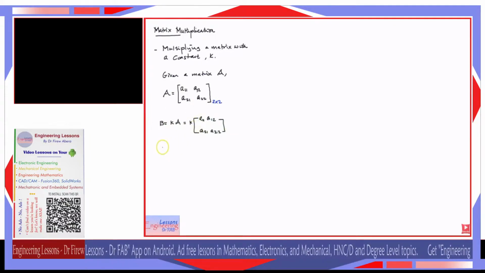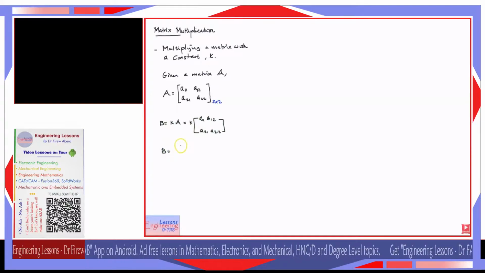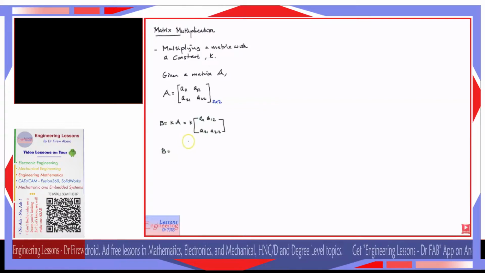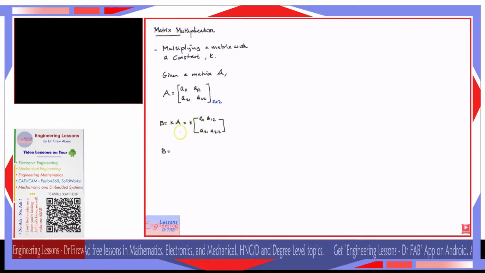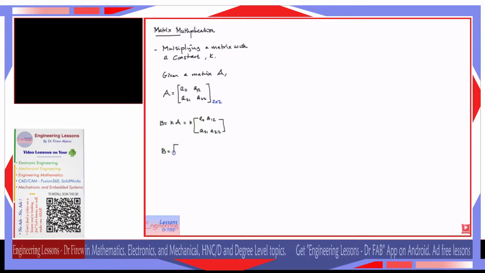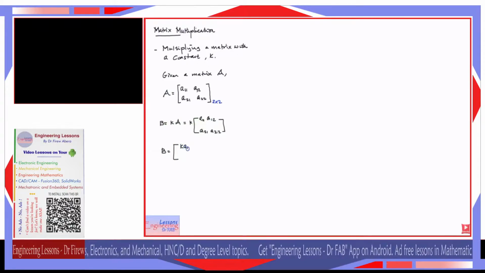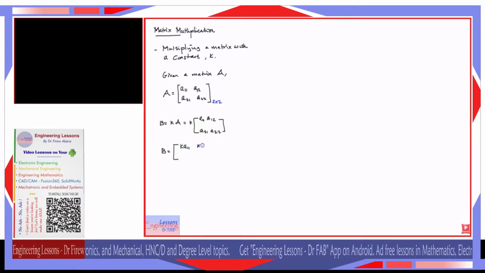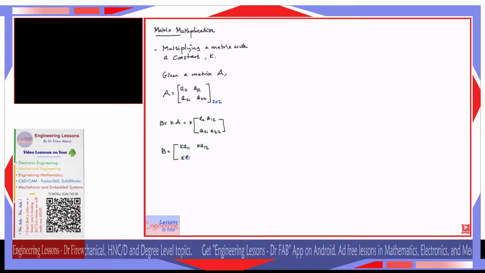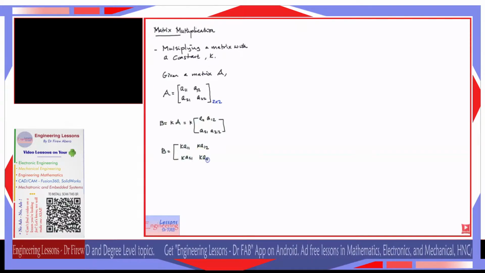And what B is going to be is just element by element multiplication of the constant K with matrix A, which is K times A11, K times A12, K times A21, and K times A22.